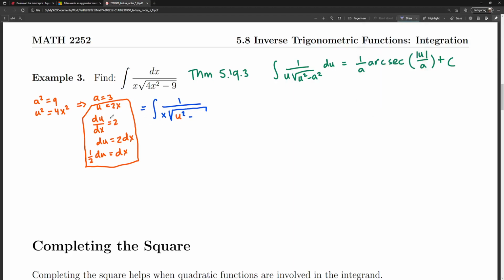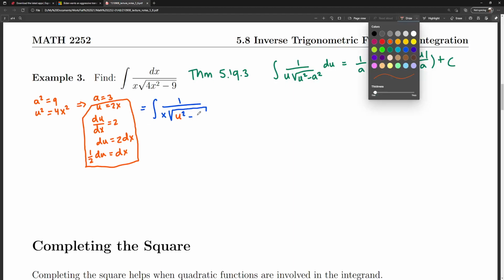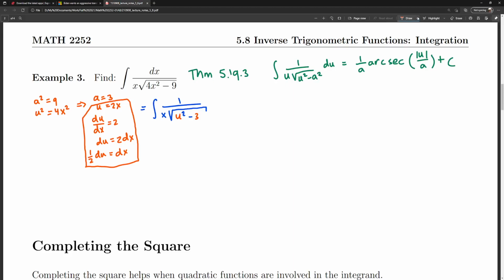And then minus a squared, so that's our 3 squared. And then we have to replace our dx with 1/2 du before I go further.